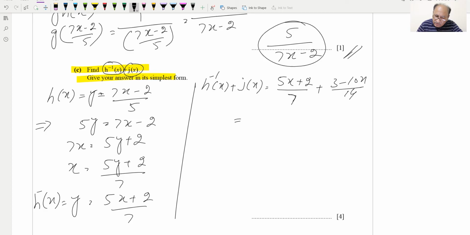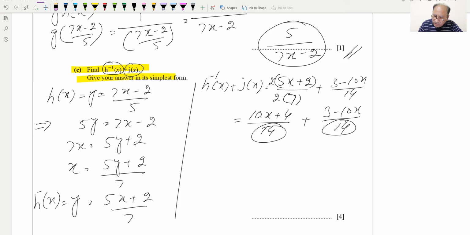We can rewrite it by multiplying this by 2 and this by 2. So it will be (10x plus 4) over 14, plus (3 minus 10x) over 14. Now denominators are equal, so we can add the numerators: 10x plus 4 plus 3 minus 10x, divided by 14.